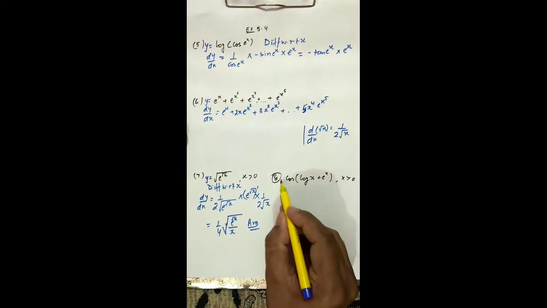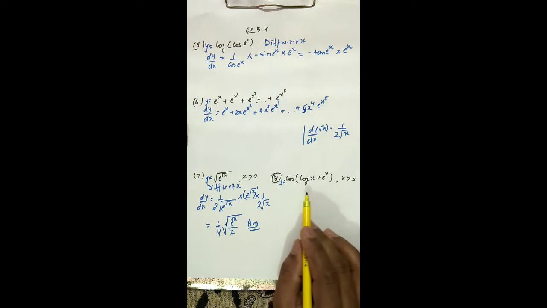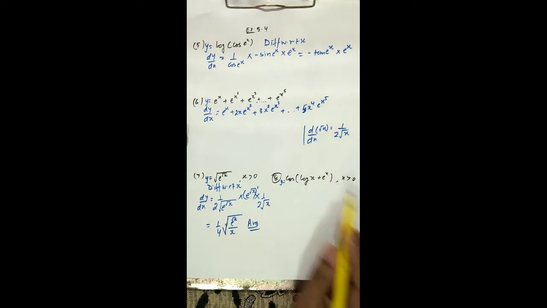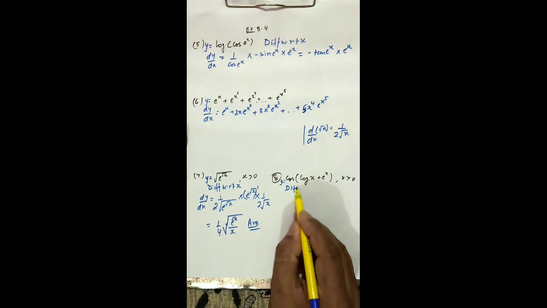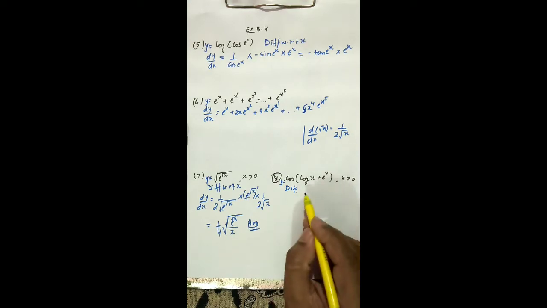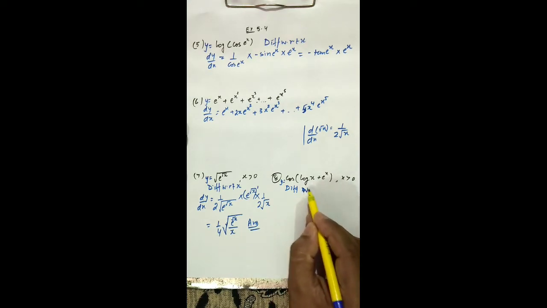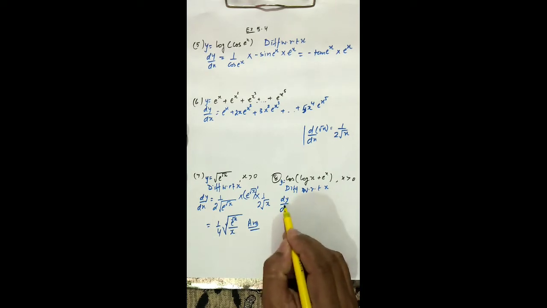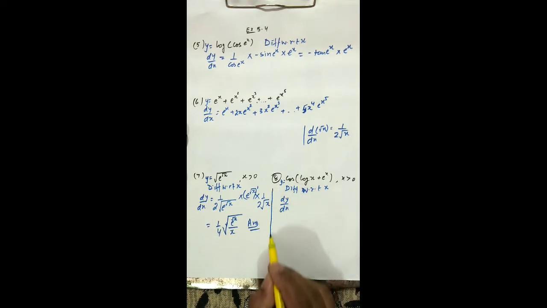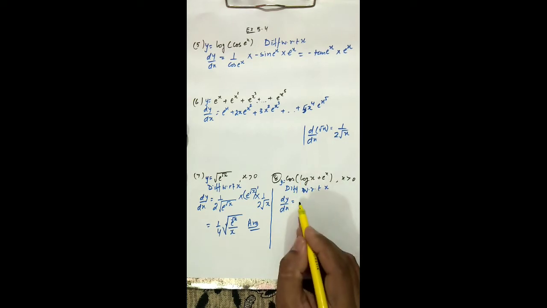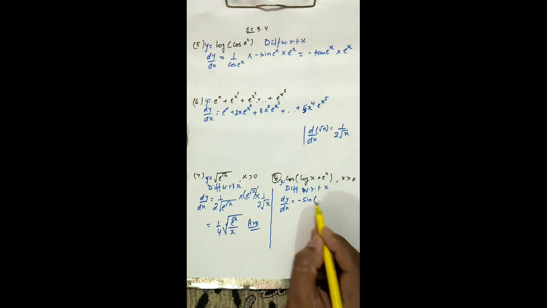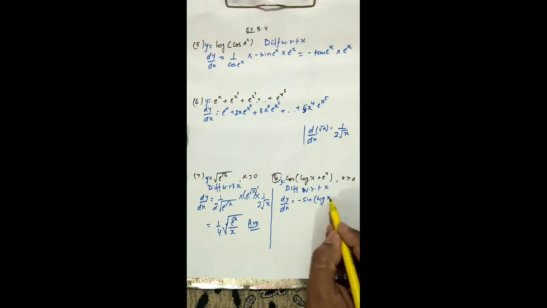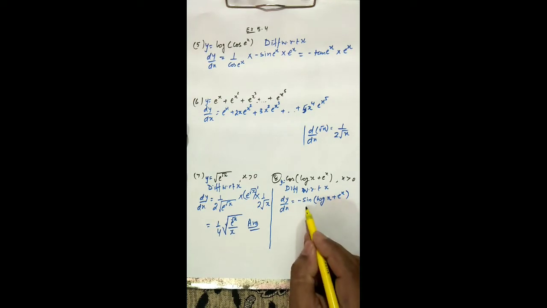Now come to the 8th part, y equal to cos(log x + e^x). So again we will be differentiating, this is the chain rule, differentiate with respect to x. So dy by dx will be minus sin, the first is cos, so its derivative is minus sin, and inside the bracket will remain as it is, into the derivative of log x plus e^x.